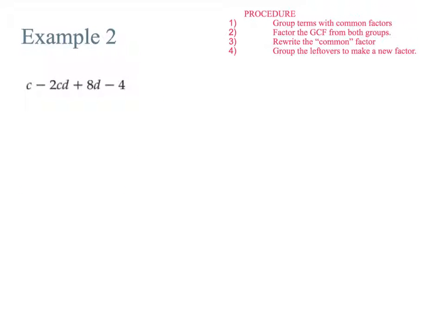Okay, let's try number 2. Again, our procedure tells us first to group terms with common factors. I'll try the first two and the second two together. In my first group, my common factor is c, and when I factor out a c, I get 1 take away 2d.